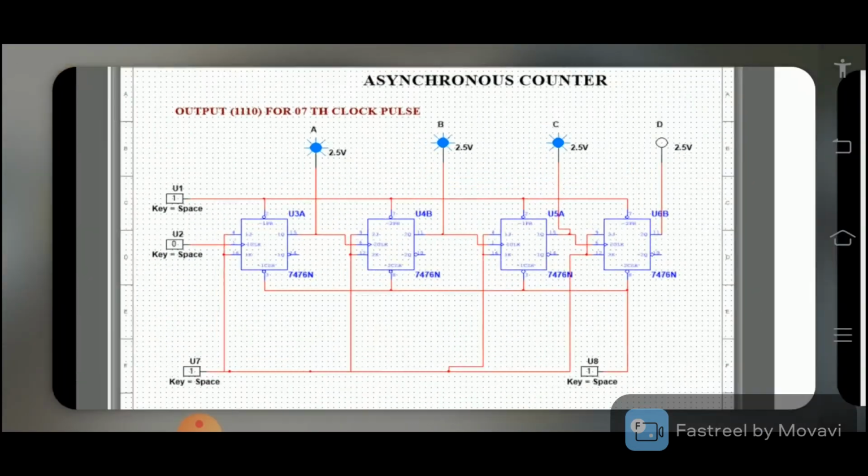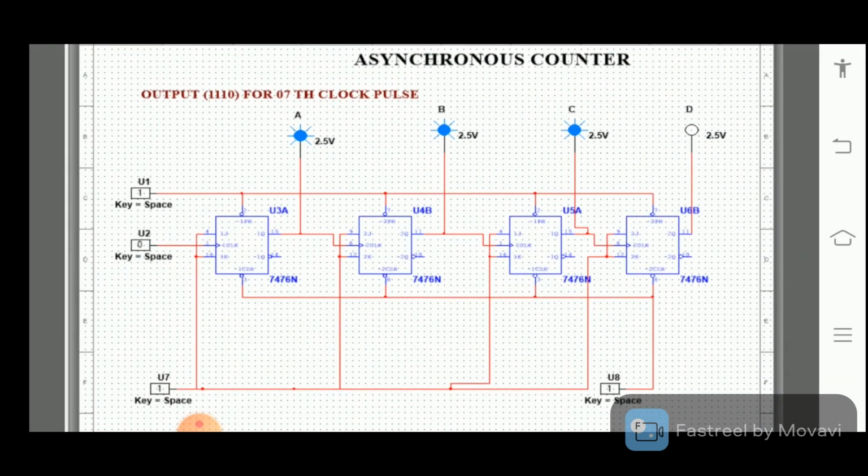So when we construct the circuit diagram in the Multisim software by taking the 7476 and with the help of the LEDs, we verify the truth table for the 7th clock pulse as the output bits 110.